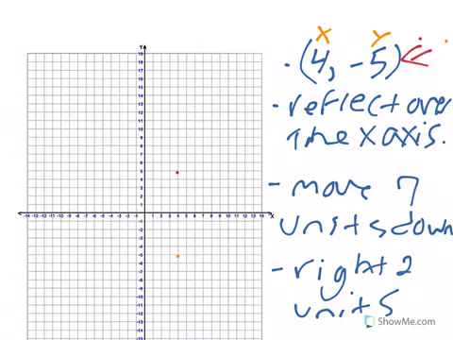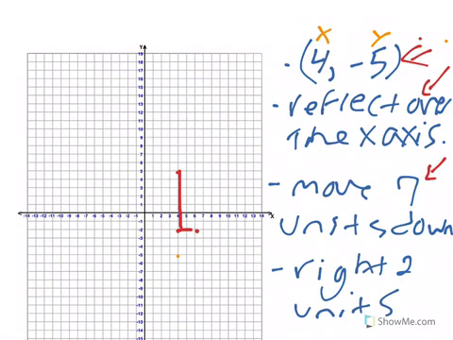So now we started here. We reflected over the x-axis. Now it wants us to move 7 units down. Well, if it's at over 4, up 5, we're going to go down 5 and then down another 2. So we're at 4, -2. Mark that right there. And now it wants us to move to the right 2 units. So we're here, we're going to go over, and we're going to end up right there.